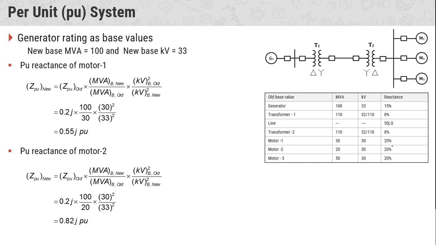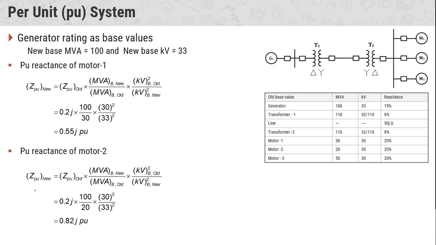For all the motors the percentage reactance is 20%, so it can be written as 0.2 j. MVA new is 100, MVA old is 30, kV old is 30, and kV new is 33. So the answer is 0.55 PU.